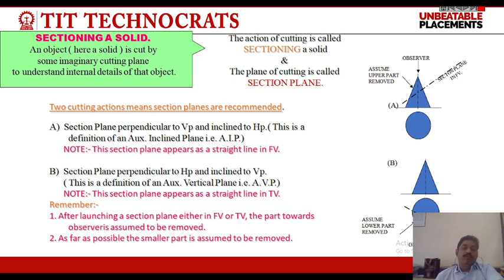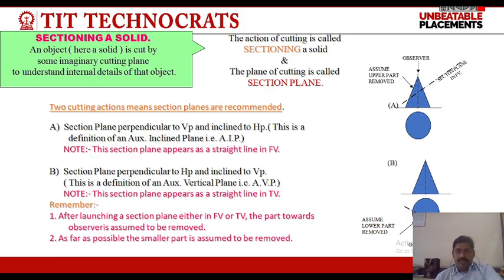Remember, after launching a section plane either in the front view or top view, the part toward the observer is assumed to be removed. Second, as far as possible, the smaller part is assumed to be removed. Like this.